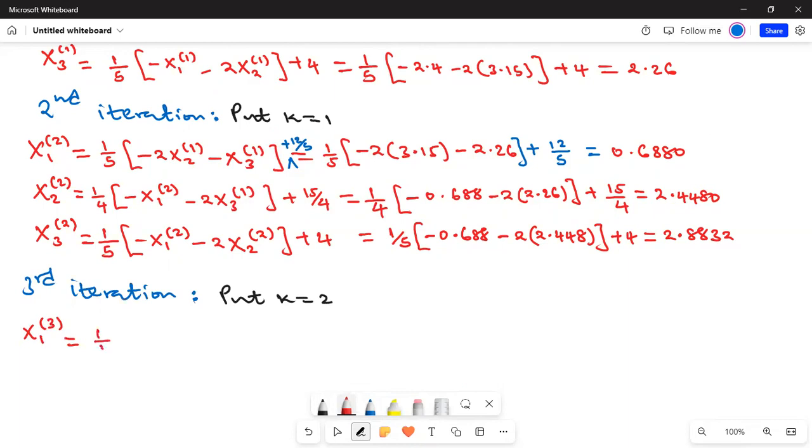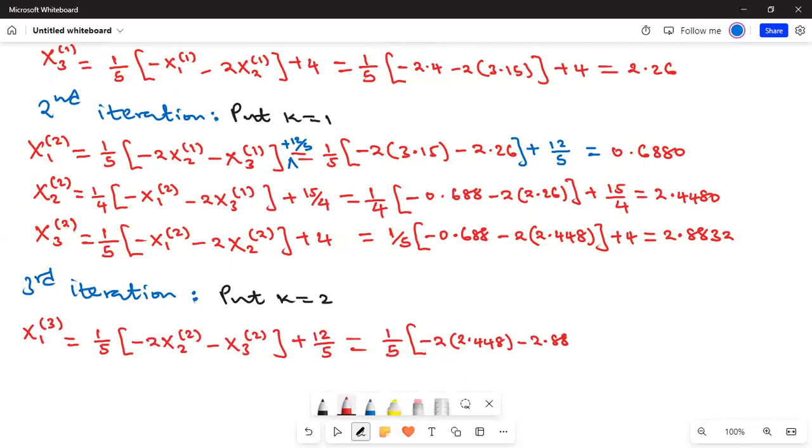That is 1 over 5 negative 2x2 at level 2 minus x3 at level 2 plus 12 over 5 will give us 1 over 5 negative 2 times 2.448 minus 2.8832 plus 12 over 5.